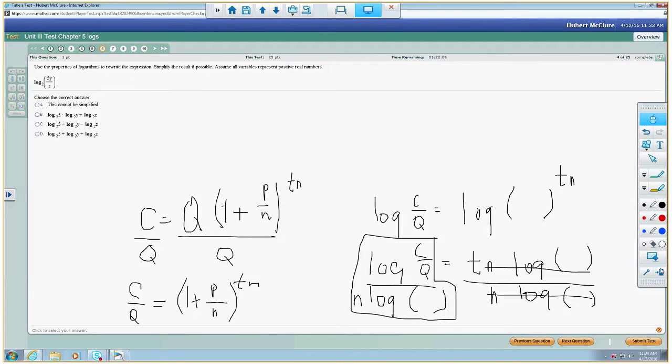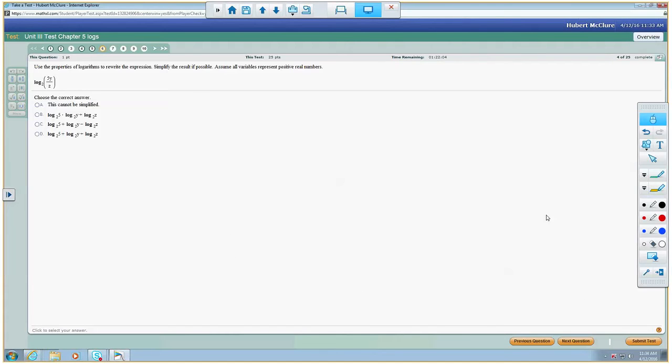All right, there's a test question. Log base 2 of 5y over z.